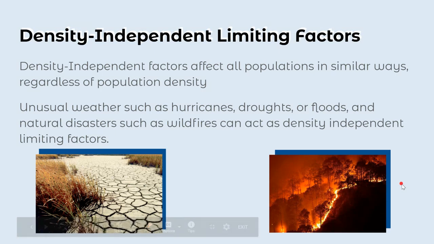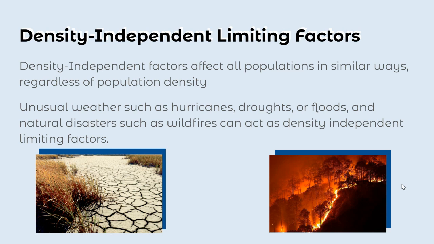Essentially, if a drought dries up a lake, and that lake had a really big population of one type of fish and a really small population of another type of fish, and the lake dries out and there's no water left, both of those populations will be completely wiped out. It doesn't matter if one was bigger than the other. It'll affect them both the same way, and that same way in that case would just be total extinction in that area.